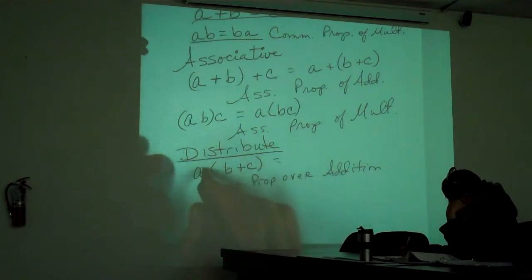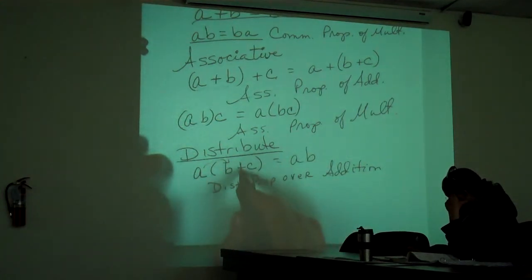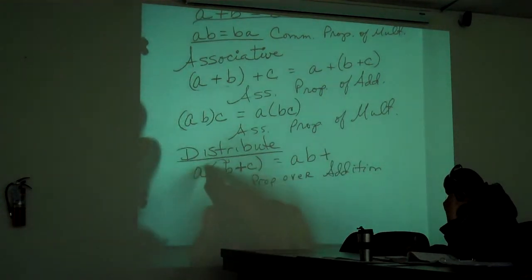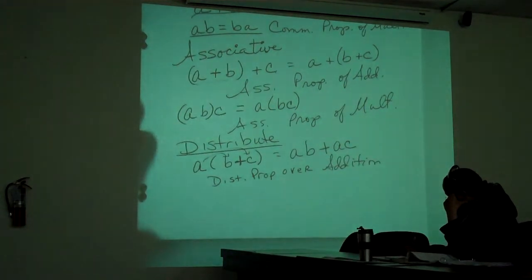Okay, so you have the A times B, so you put AB. The sign in here, you put after your AB. So you have AB plus A times C. So AB plus AC.